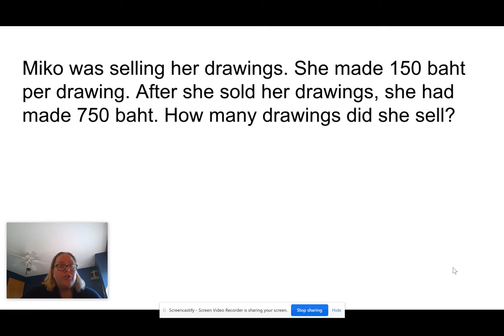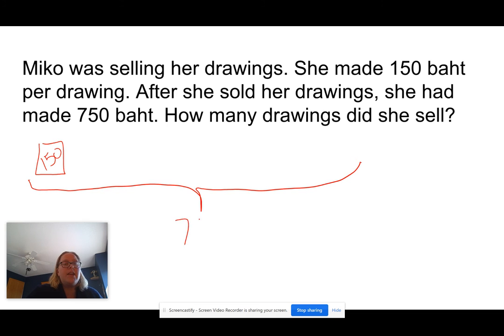Miko was selling her drawings, so it's very similar. She made 150 baht per drawing, so here's my drawing, and she made 150 per drawing. After she sold her drawings, she had made 750 baht. How many drawings did she sell? I know that in total she made 750, but I don't know how many drawings are in here.